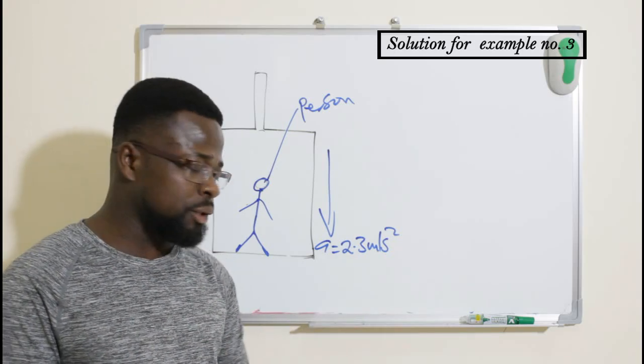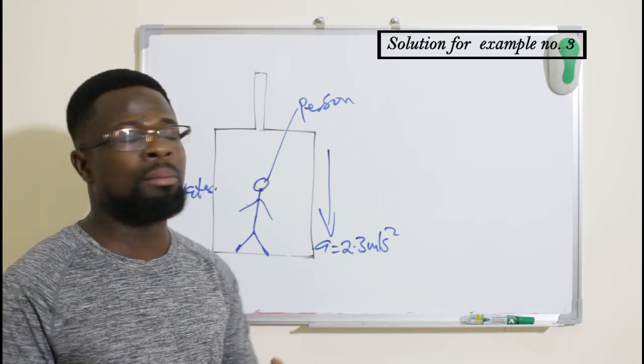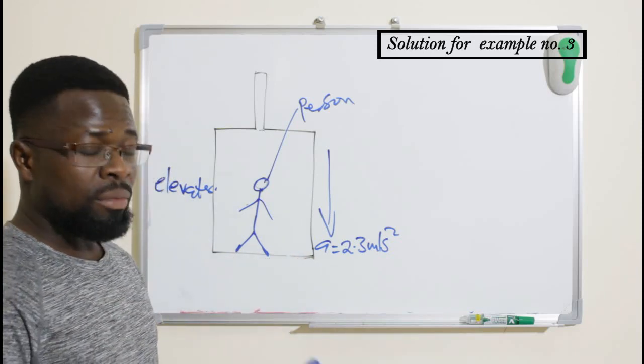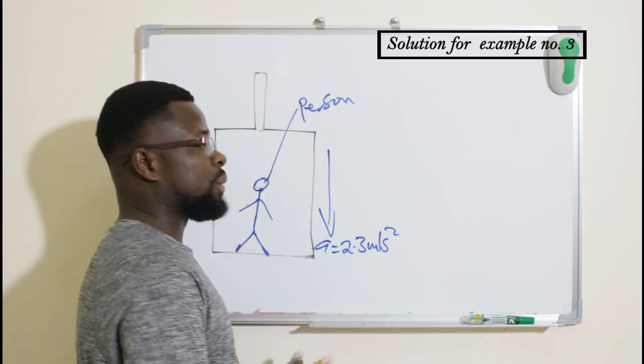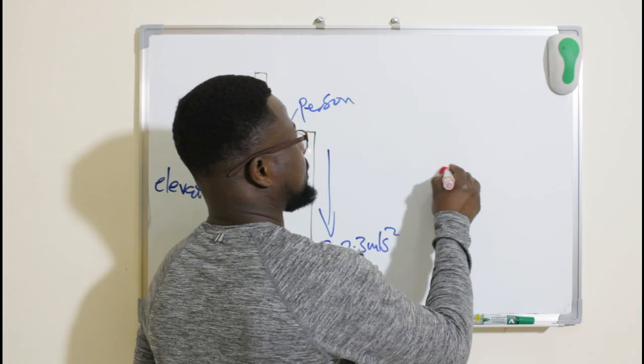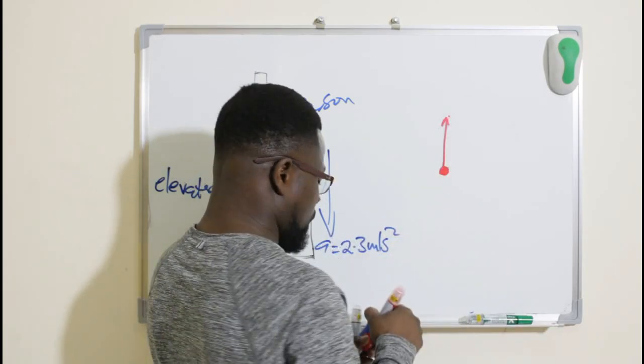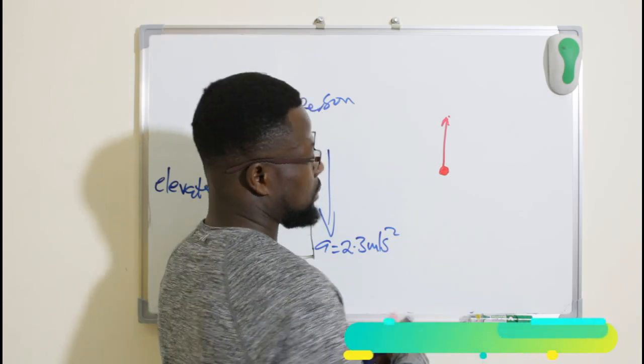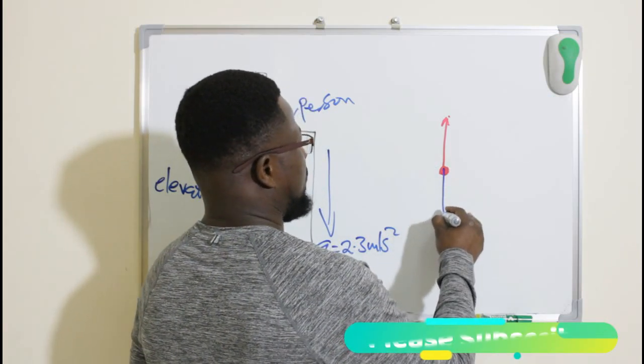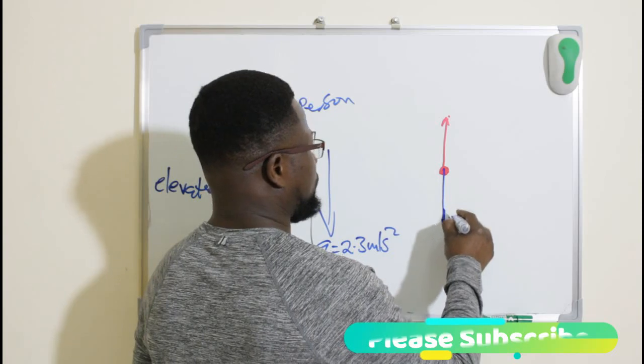First thing to do is to find the free body diagram for this. If I look at the free body diagram, it's going to just look like this. We're going to have an upward force, and we are going to have a downward force.